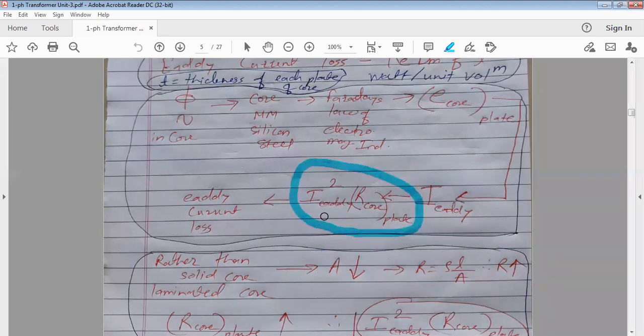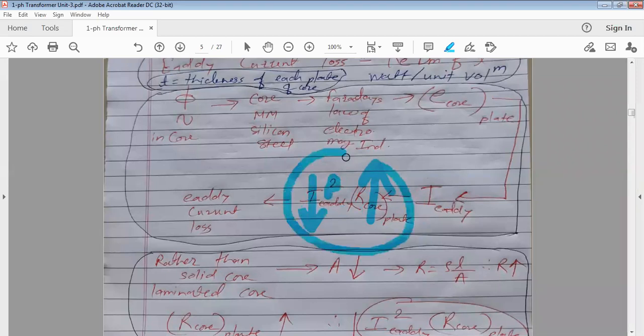I square R: the eddy current flowing through the plate, squared, times the resistance of each plate of the core. So here resistance is increasing, but current decreases, and current is squared. That's why the resultant overall parameter will be less, and that's why eddy current loss will be less.